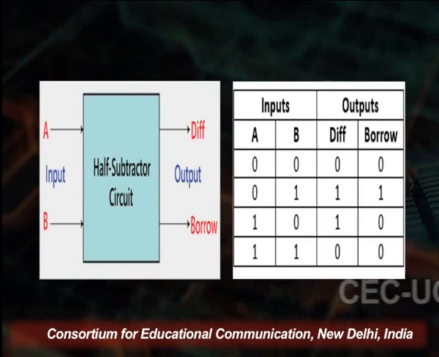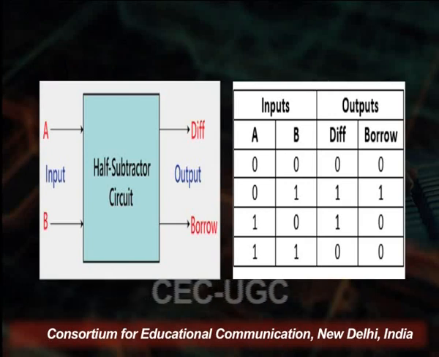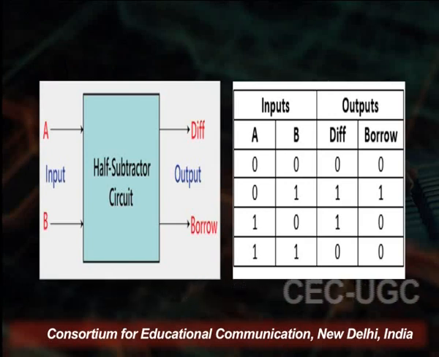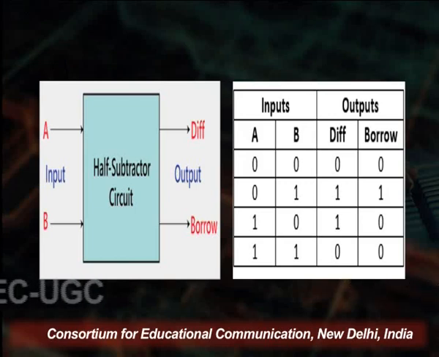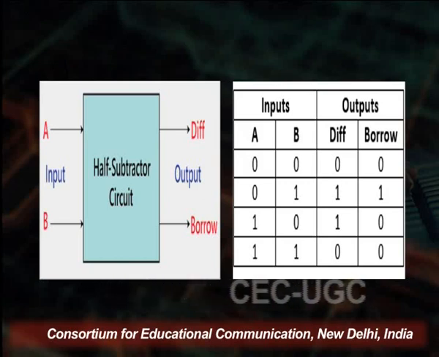Please remember, all this is being done just parallel to your actual arithmetic expressions. So keep your arithmetic operations in mind, and that is exactly what a half adder or a full adder or a half subtractor or further a full subtractor circuit will also be doing.